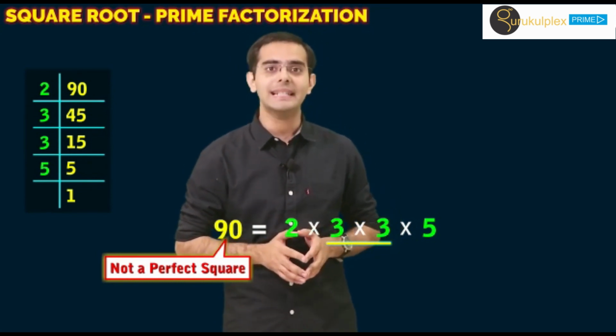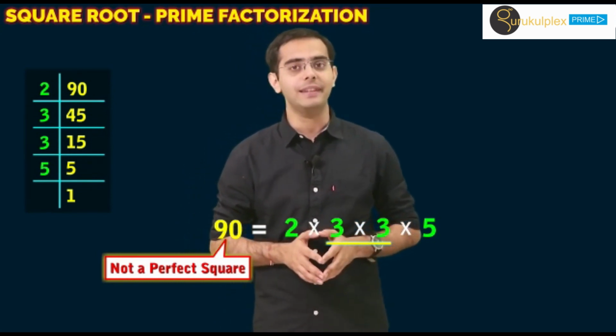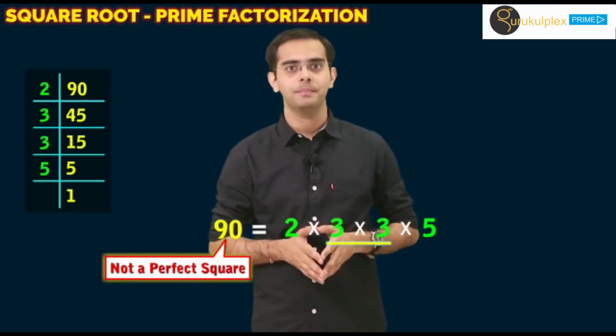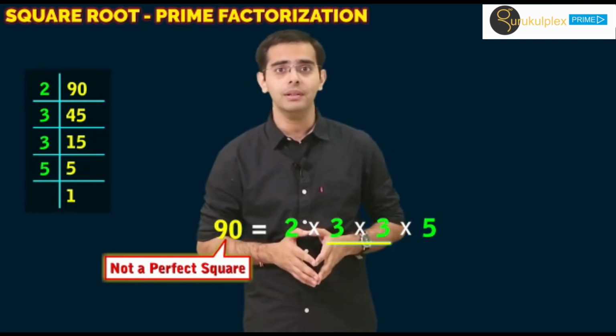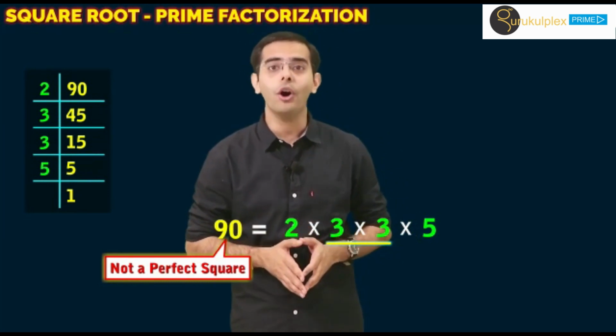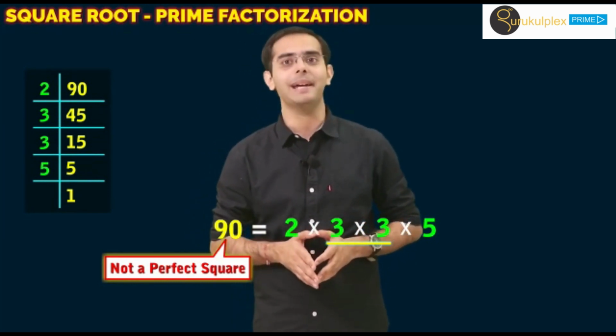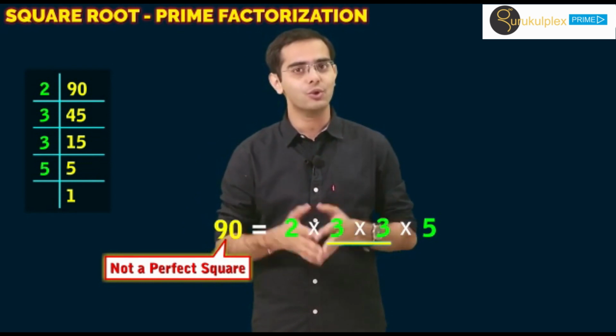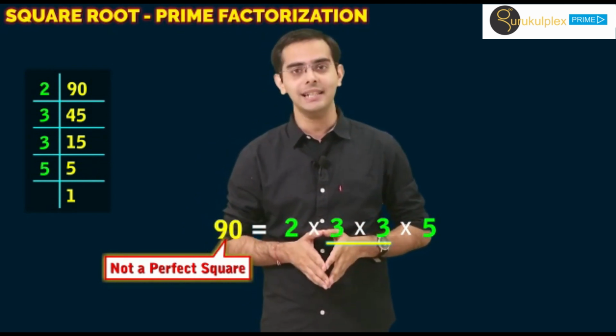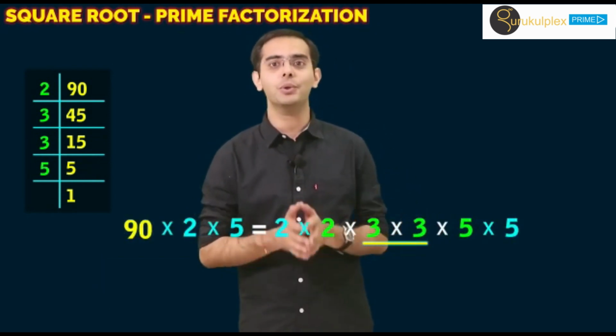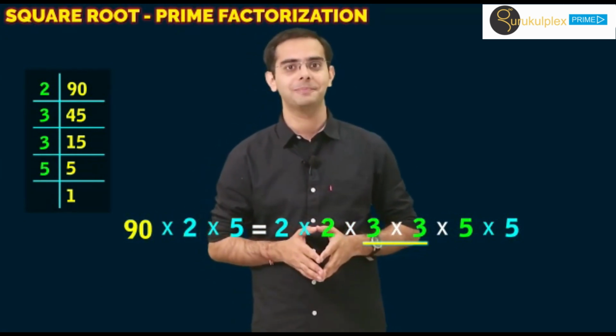Correct. Here we can see that 2 and 5 are not in pairs. And we know that for a given number to be a perfect square, all its factors should be in pairs. So what we need to do is multiply 90 by 2 and 5 to complete their respective pairs.